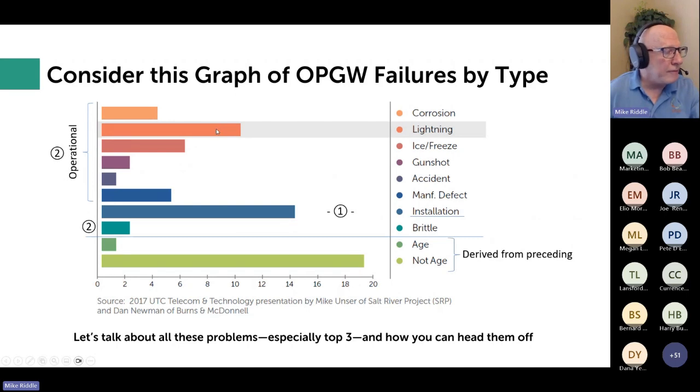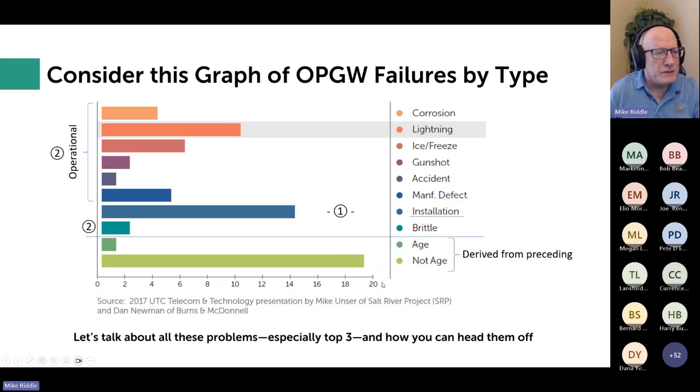Number one after the cable was installed was lightning, and then you see ice and freezing, and we'll talk about all of these major things. And then here down at the bottom, they looked at these and decided, was the issue an age-related problem, or was it not an age-related problem?